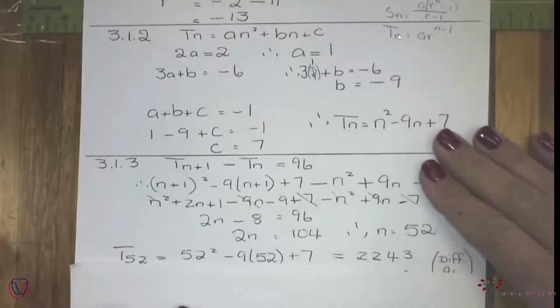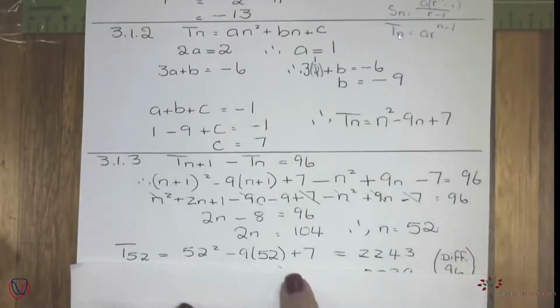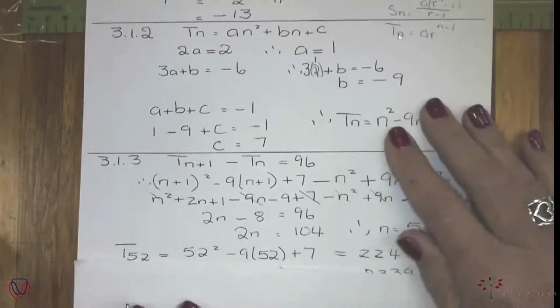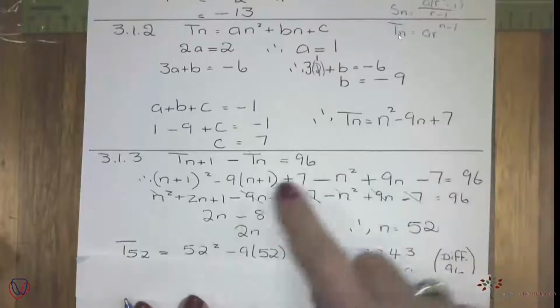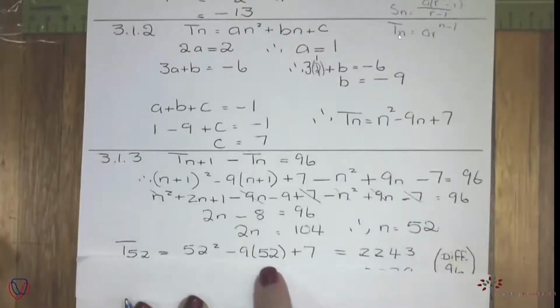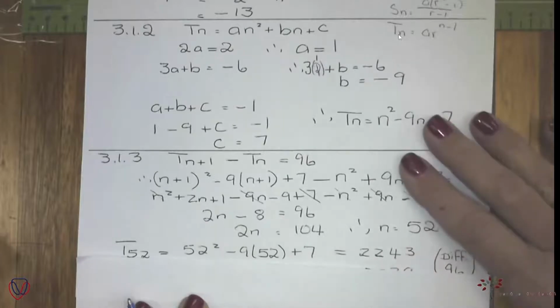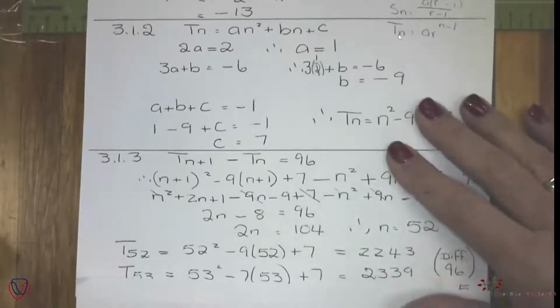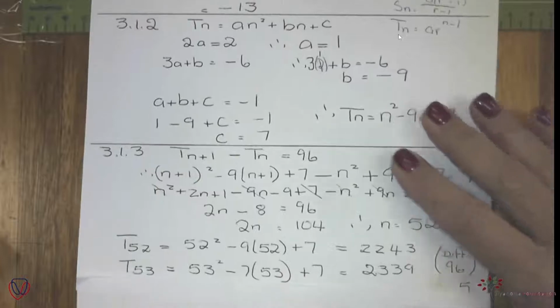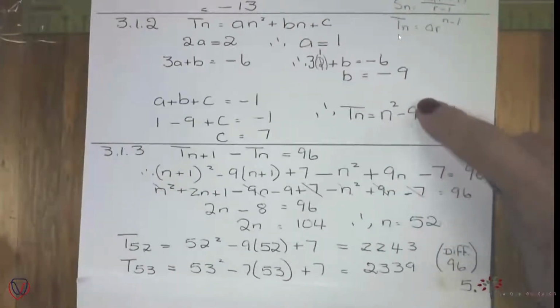So now I'm going to determine the value of T52 by using my formula again, because that is Tn. 52 now is n. There's the 9 and there's the 7. And that is going to give me 2243. Then I'm going to determine T53. Why? Because it's n plus 1. If I determine T53, I'll also use that formula.